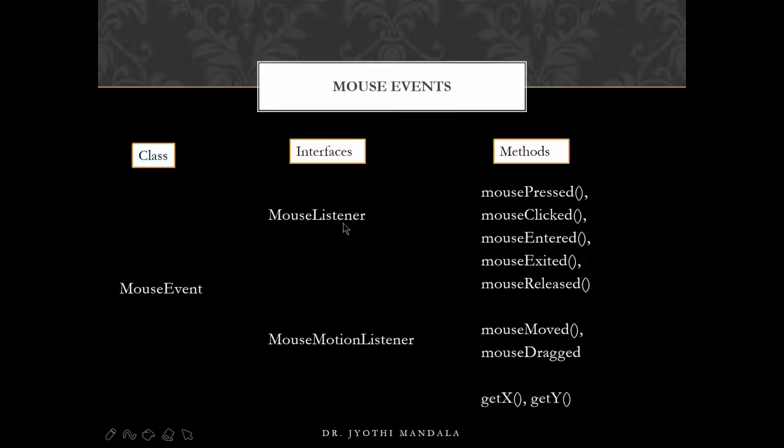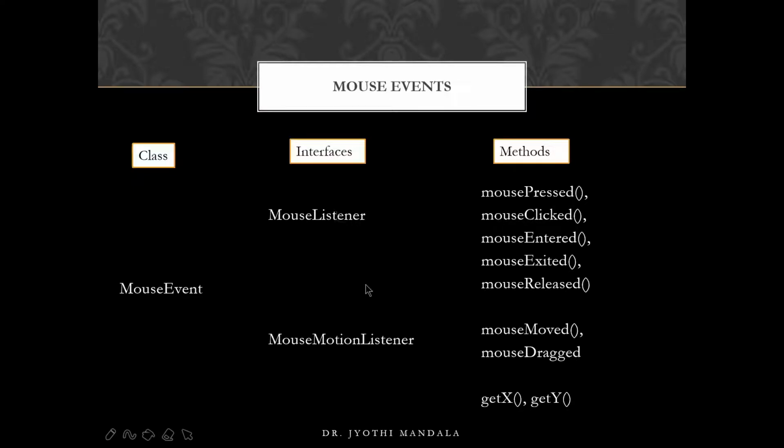If you are going to implement MouseListener, you need to write the code for all the 5 methods. We need to override all these 5 methods in our own class. If you are pressing the mouse, the related method is mousePressed. Then clicking, mouseEntered, mouseExited, and mouseReleased.